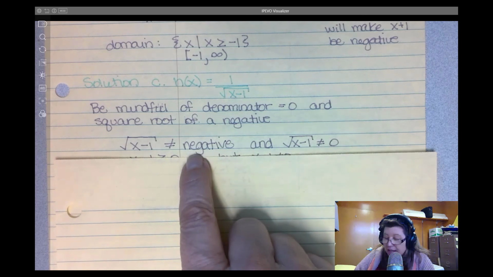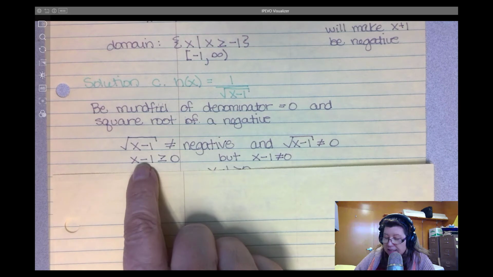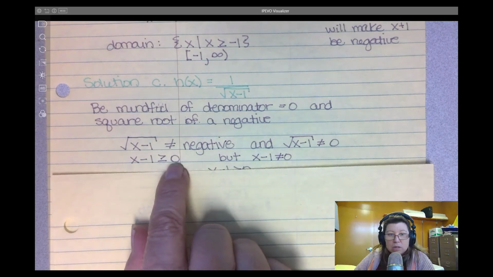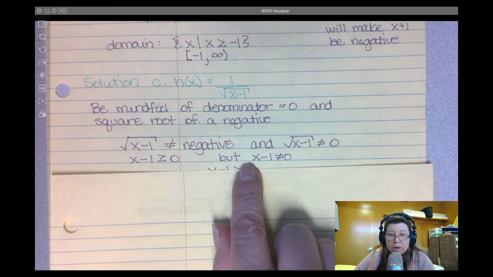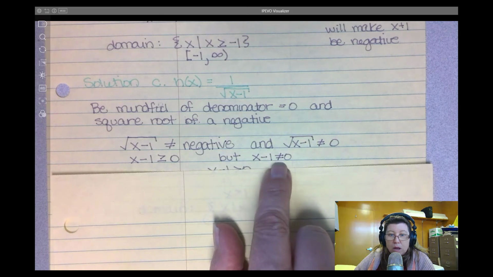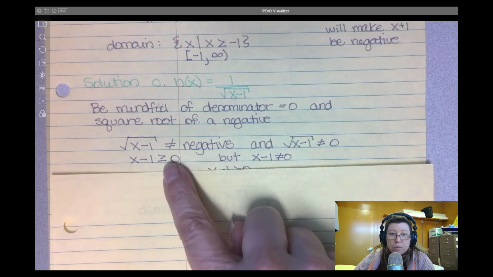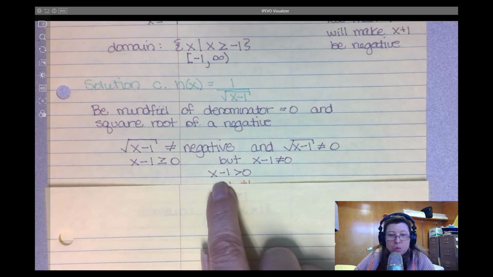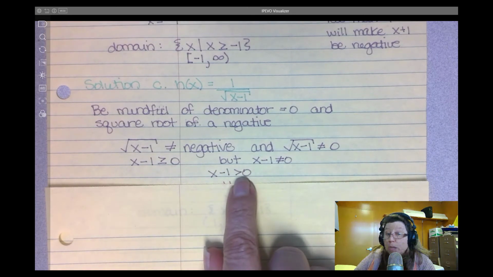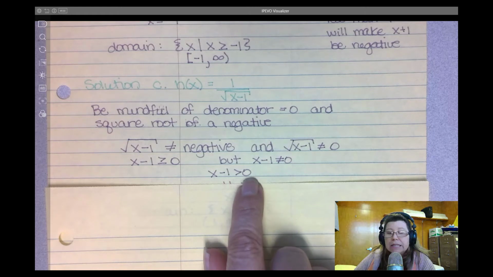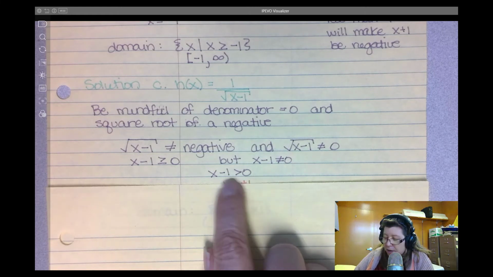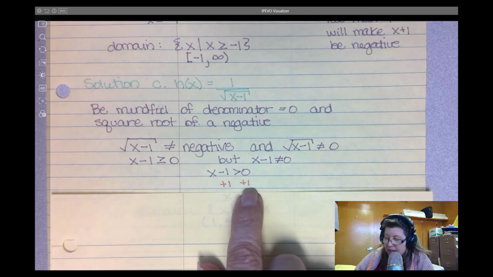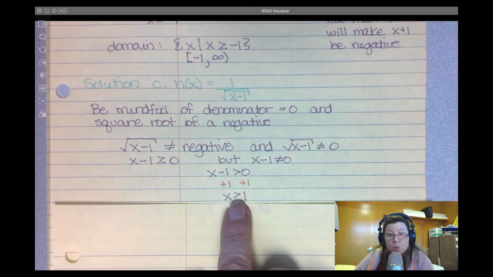Now, if we're negative, I could say x minus 1 is greater than or equal to 0. But remember, this cannot equal 0, so we're going to remove this equality part and just go for x minus 1 must be greater than only, not greater than or equal to, 0. Now I'm going to solve for those values. We're going to add 1 to both sides, and we get x is greater than 1.